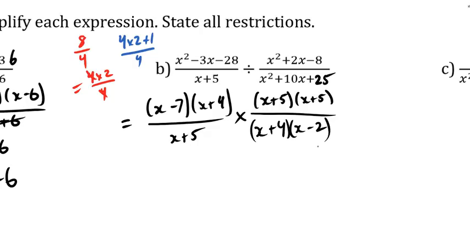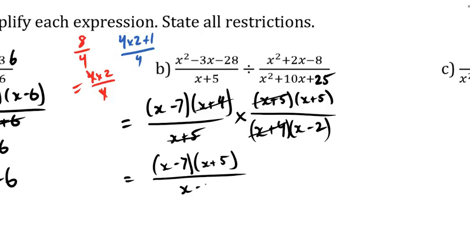Lots of factoring. So at this stage, I can divide things out where it works. So x plus 5 with one of the x plus 5s and x plus 4 with one of the x plus 4s. And I get x minus 7 times x plus 5 over x minus 2.